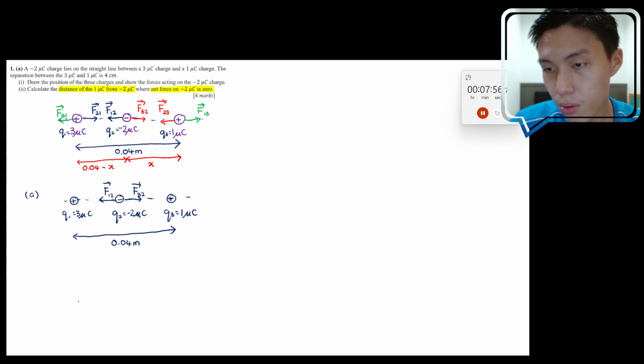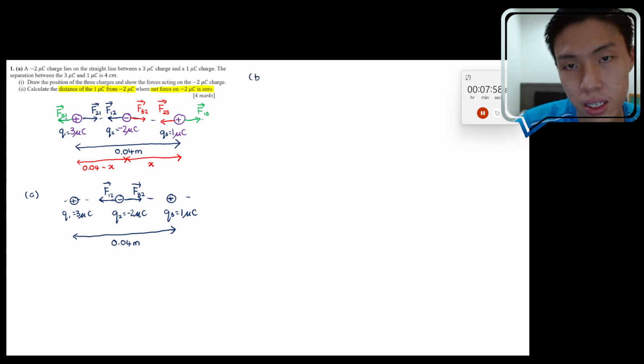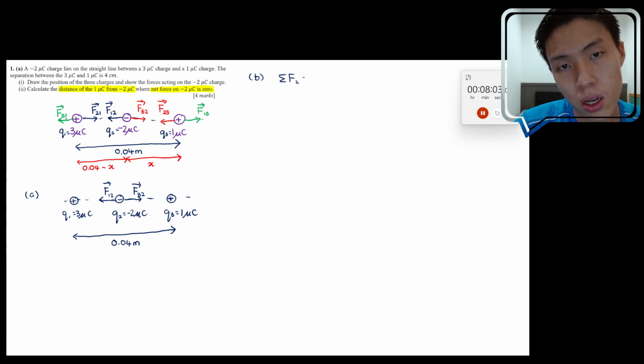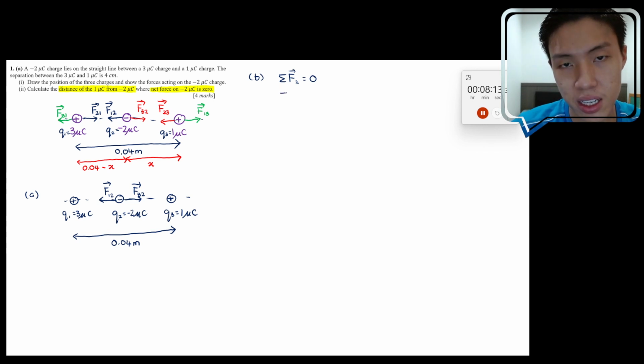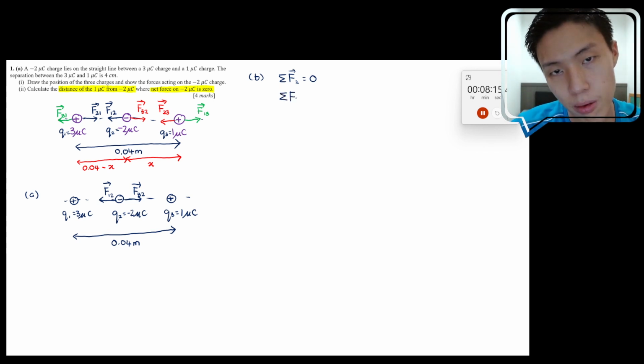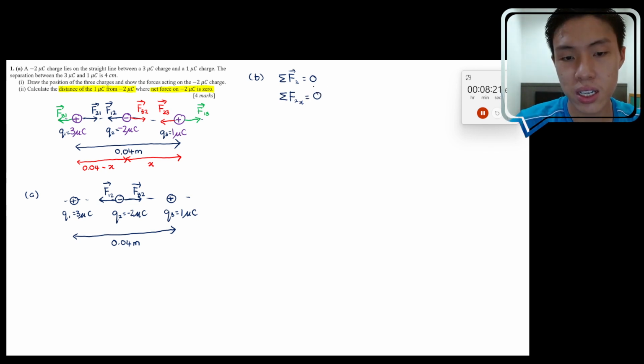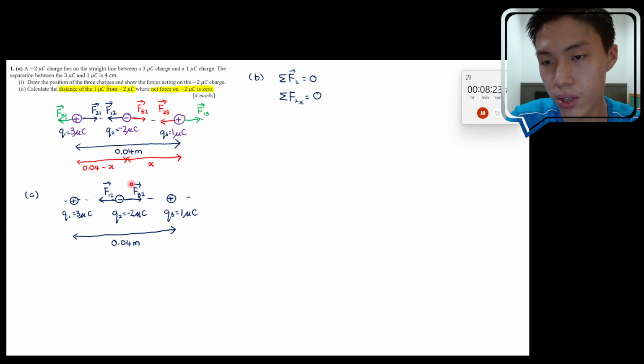Okay, we mentioned just now that the net force acting on 2 is equal to 0. Okay, so that is the mathematical way of writing it. We know there's x-axis and y-axis, x component, y component, but in this case everything is in the x component, so I can call it the sum of forces acting on 2 in the x component is equal to 0. Okay, so what is in the x component for our diagram over here?